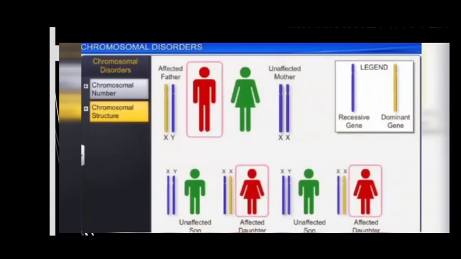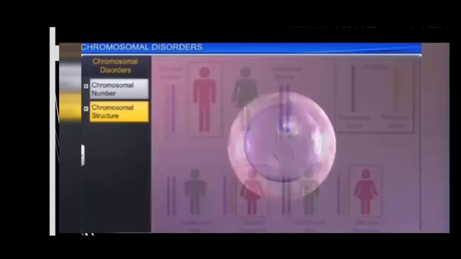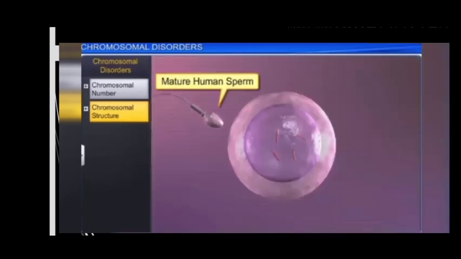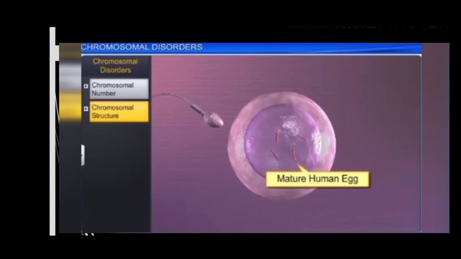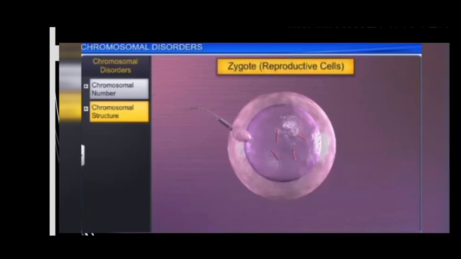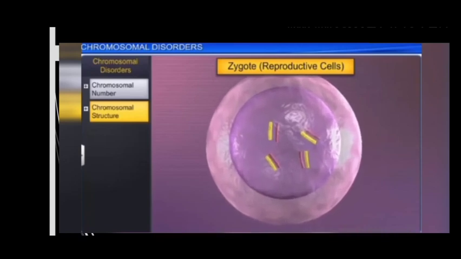While some of these structural changes in chromosomes are inherited, others take place accidentally when the reproductive cells are being formed or during early fetal development.